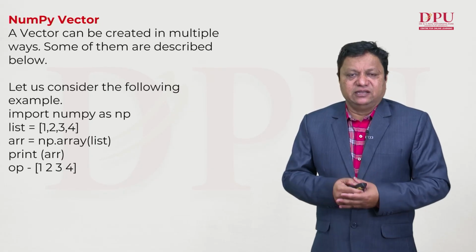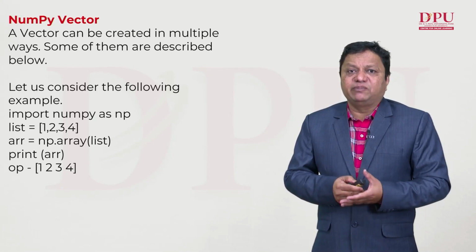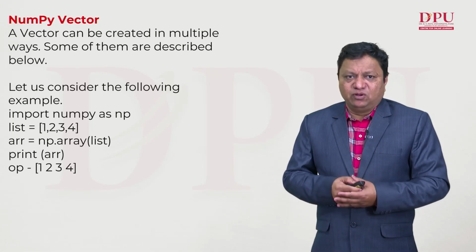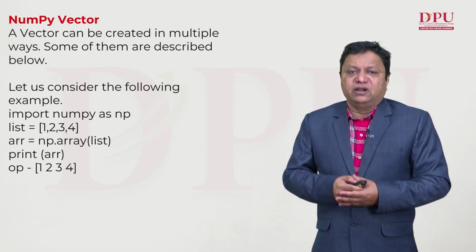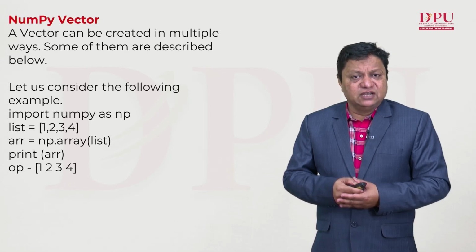Now, let us look at the NumPy vector. A vector can be created in multiple ways. Some of them are described below. Let us consider the following example. Import numpy as np. Here I am creating a list object: list is equal to [1, 2, 3, 4].